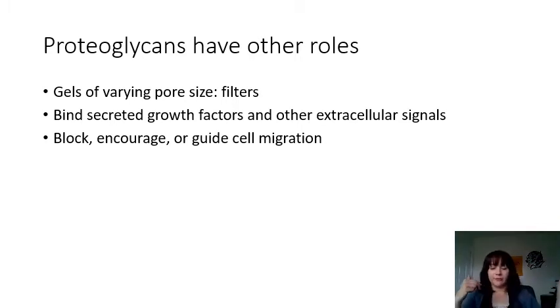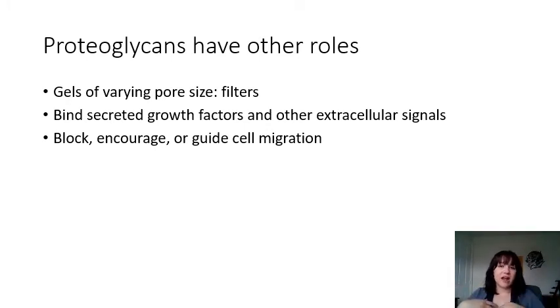And so if the signal is getting stuck in the extracellular matrix and not reaching that cell, the cell's not going to migrate. However, if the extracellular matrix gets rearranged or modified, maybe more of those signals could come from that direction. It's a really cool idea, and it's something that I'm really interested in studying in terms of helping cells migrate that are transplanted for therapeutic use.